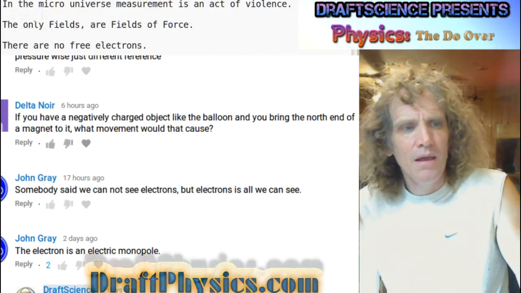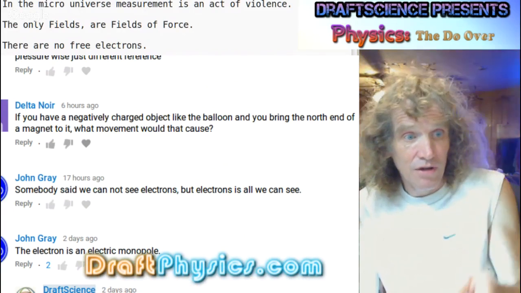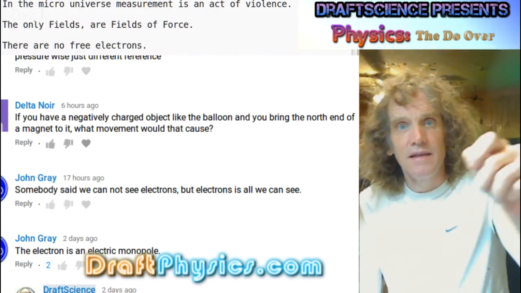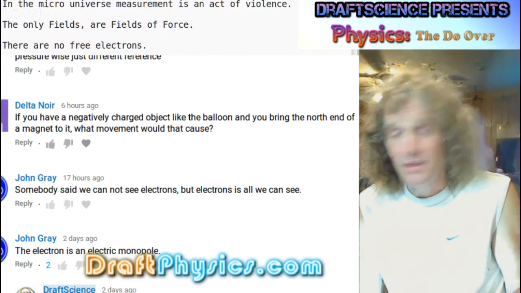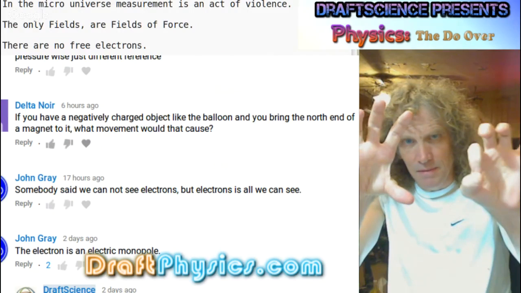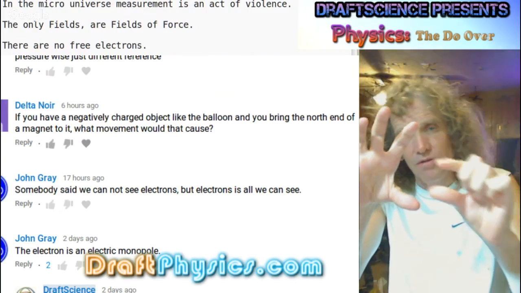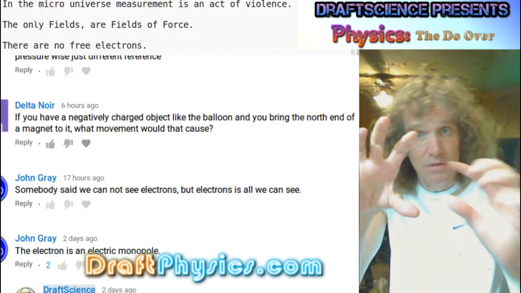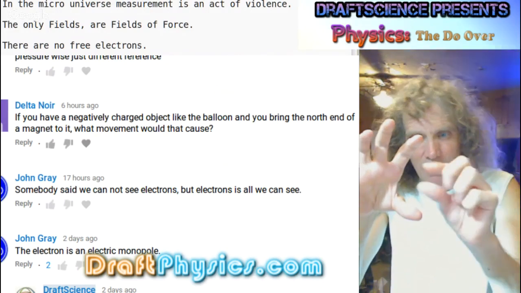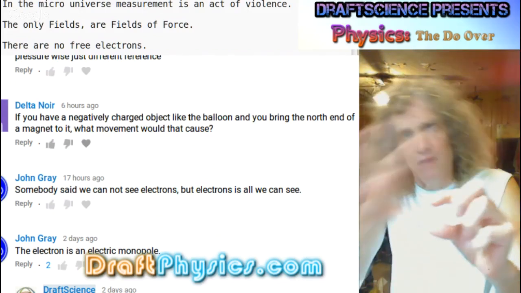If you bring it to a negatively charged balloon, then obviously they would repel. But it's going to be tricky because the balloon's very big and the magnet's not. The magnet is only going to have an effect on a certain part of the balloon. The magnetism is going to be strong on only one little piece, and the balloon's magnetism is going out this way.